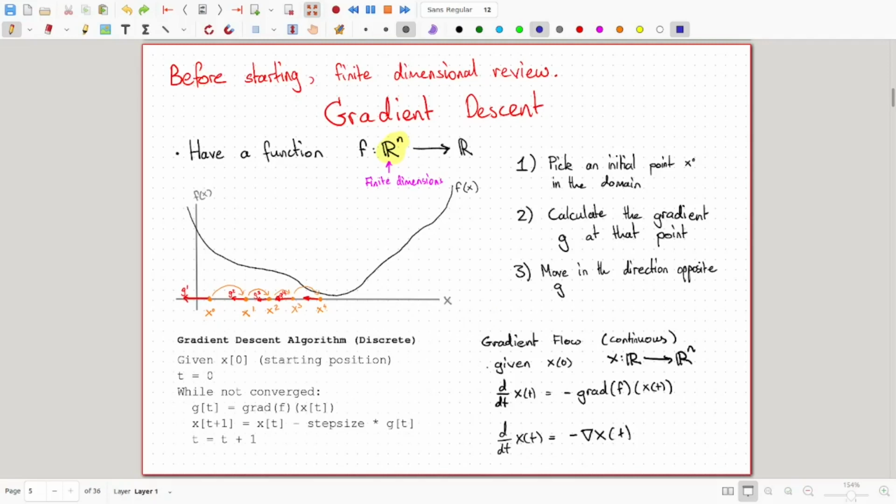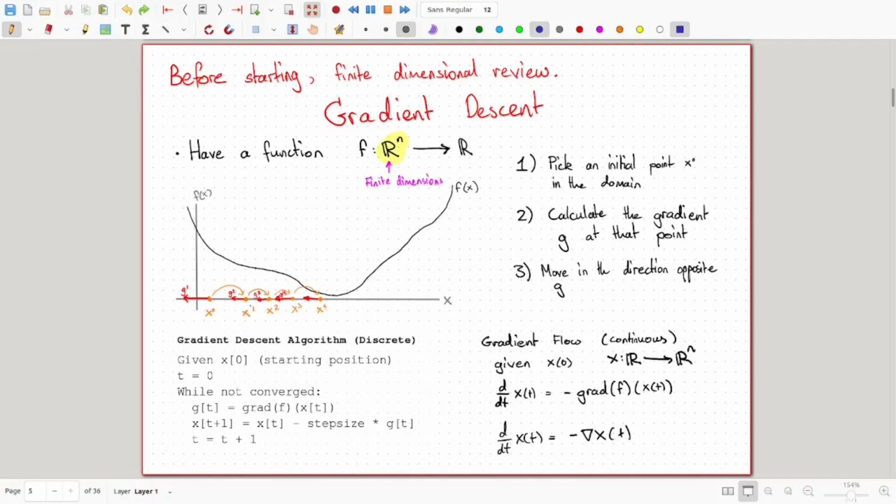What that will be is you're given an initial position, x0, so same as before. But now our point here isn't jumping around in a discrete way, it's now going to flow along the x-axis towards the minimum, and the rate at which it's moving around is determined by the negative gradient.